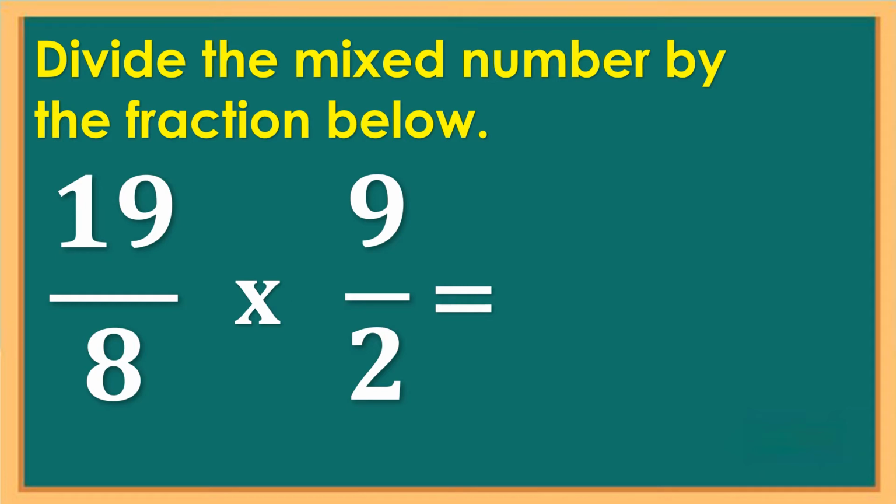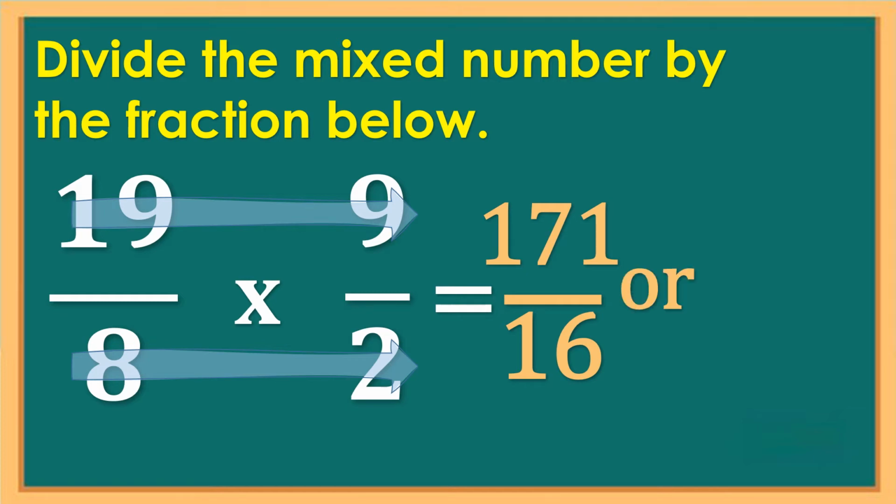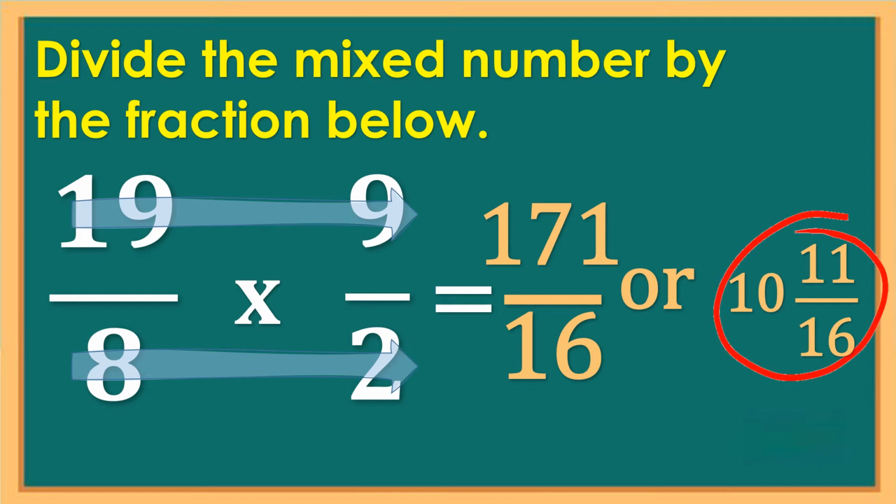Now we multiply. 19 times 9 is 171. 8 times 2 is 16. The answer is 171/16, or 10 11/16.